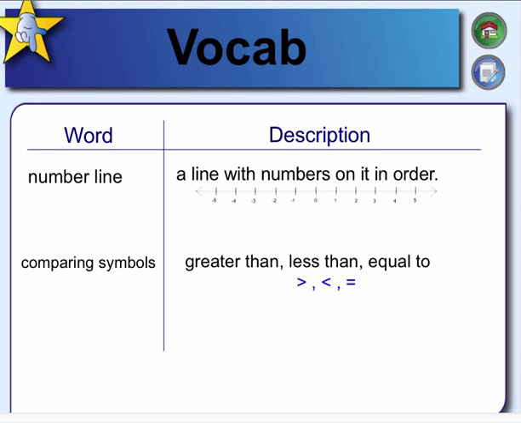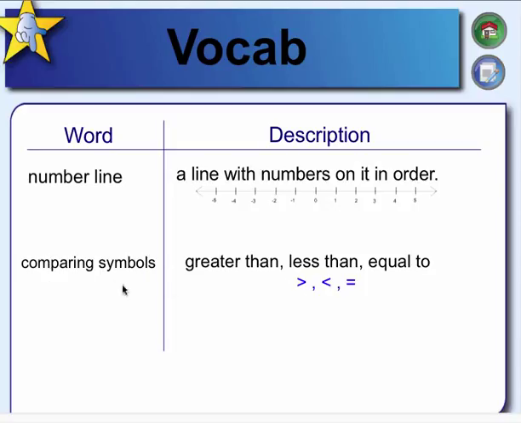Cool beans. All right, we're going to start off with some vocabulary, some words for you to know as we go through this lesson. Number line, which means a line that has numbers on it, and those numbers go in order. Typically, the numbers are smaller on the left and bigger on the right. Another word is comparing symbols.